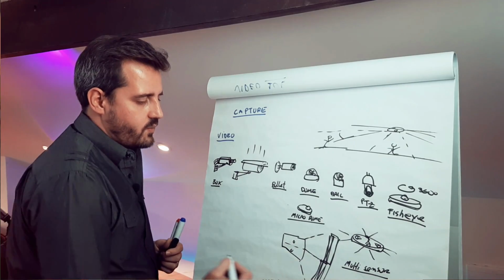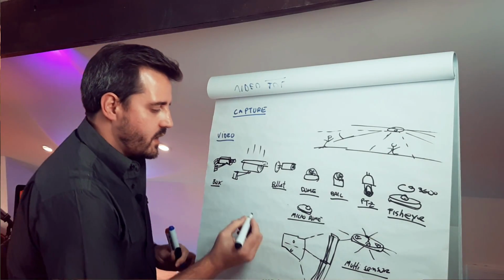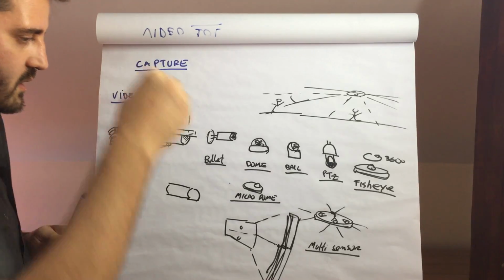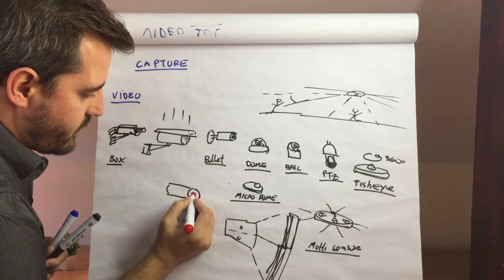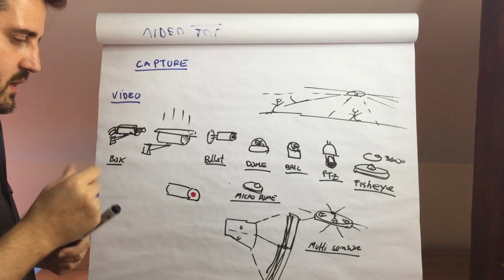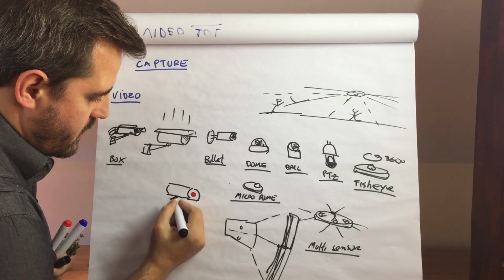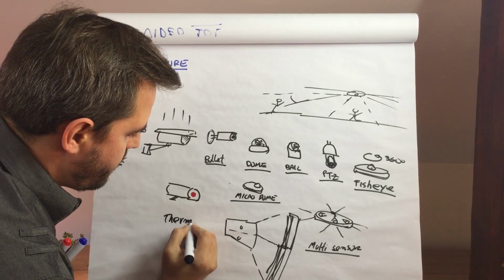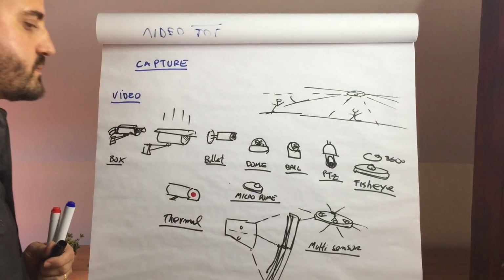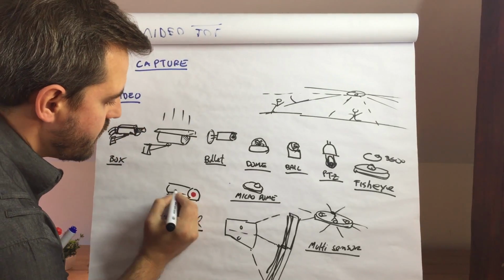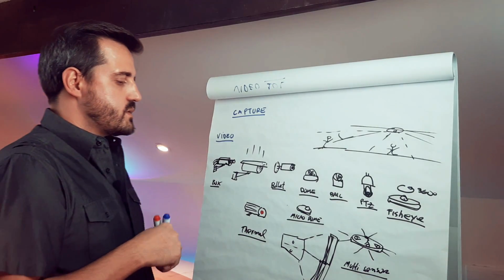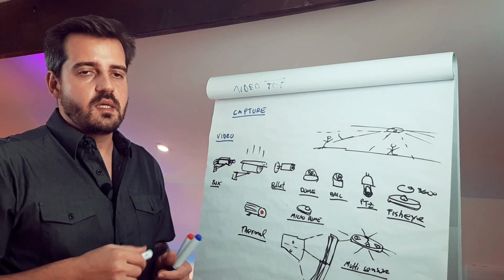Okay, and then we have the next type of cameras. Thermal cameras. These types of cameras are used in specific scenarios, specific environments.